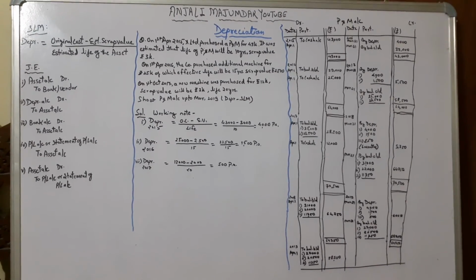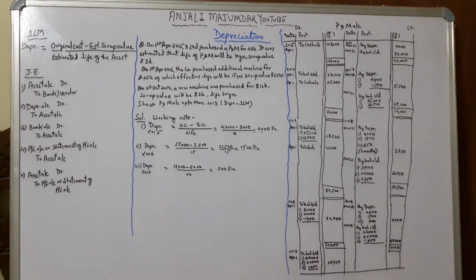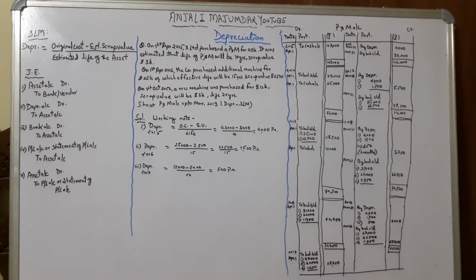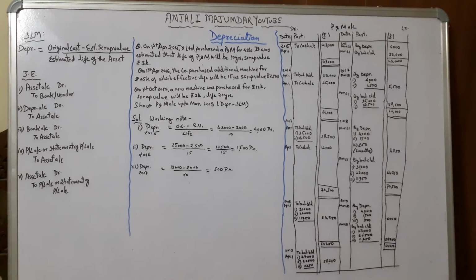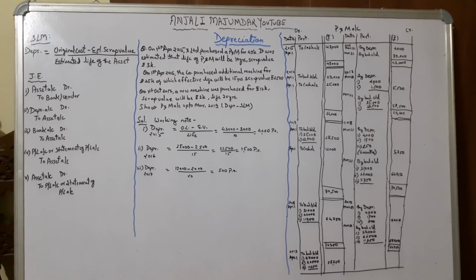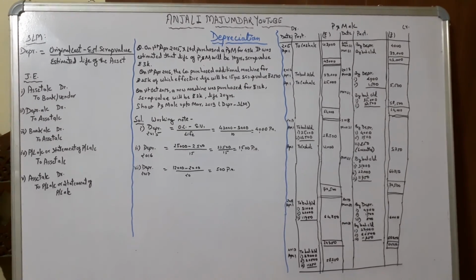We prepared it till 1st April 2019, because the question speaks about year March 2019. Remember, while recording an entry on the debit side, always use the word to, and while recording an entry on the credit side, always use the prefix by.